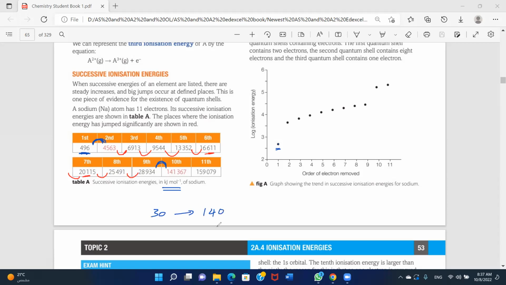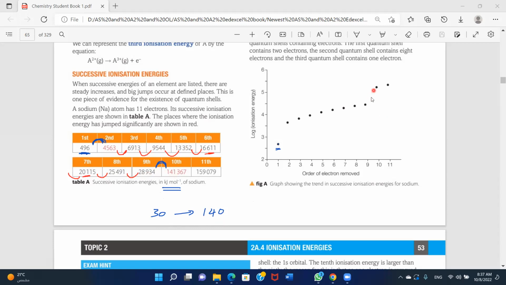This is a very big jump. You compare it with this increase in ionization energies. They were only 2,000, 2,500, 3,000, up till 5,000. It's not considered a jump. But from 28,900 to 141,000, this is a big jump.